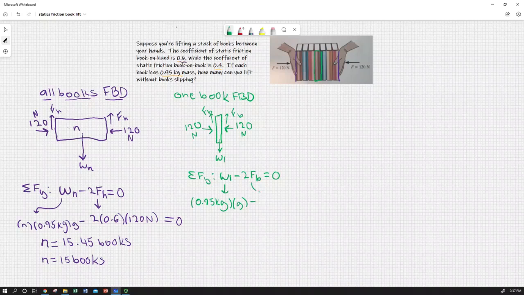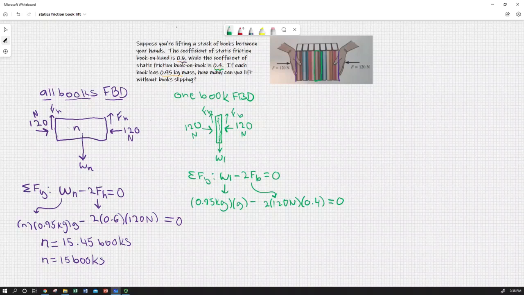And now I can define this term as 2 times our normal force, which is 120 newtons, times the book-on-book coefficient of static friction, which is less. So we've got a different situation here. And that has to equal 0 to keep that middle book in static equilibrium.